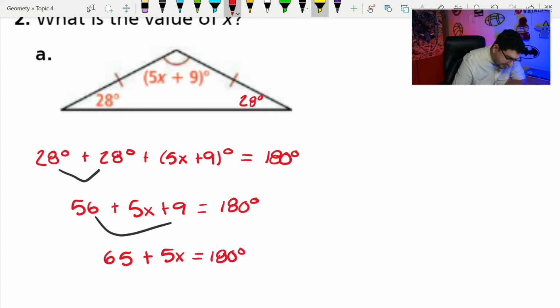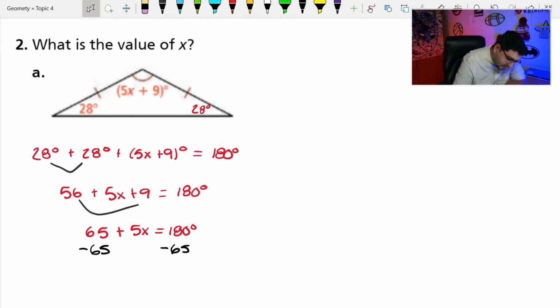We can subtract the 65 from each side, and we would get 5x equals 115.